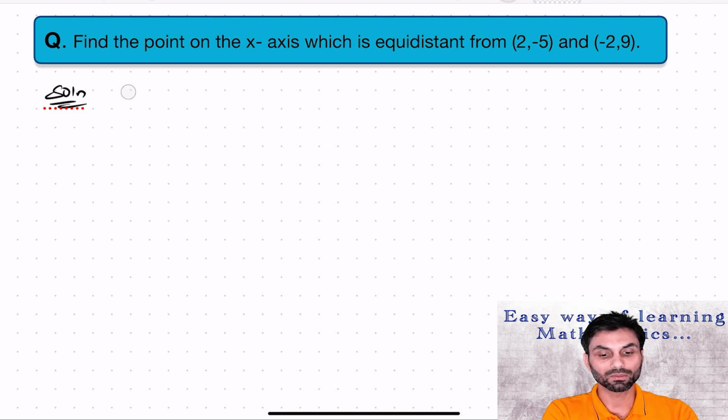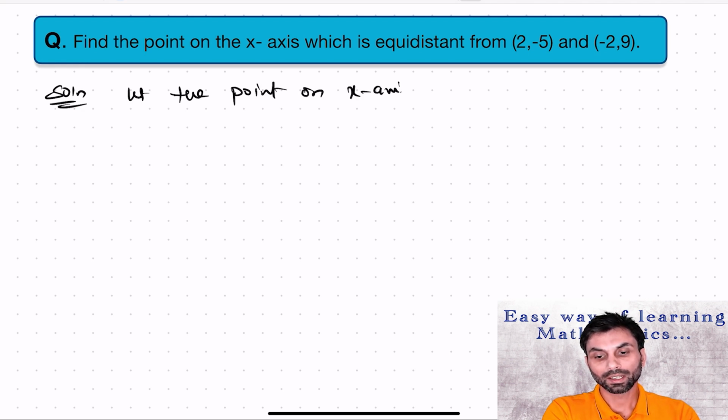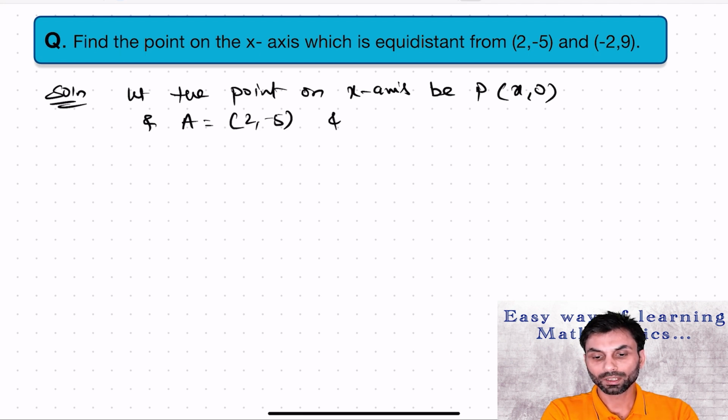Since the point is on the x-axis, we let the point be P(x, 0), because the y coordinate will be 0. We'll assume A equals (2, -5) and B equals (-2, 9). As per the question, the points are at equal distances, so we can say that PA equals PB.